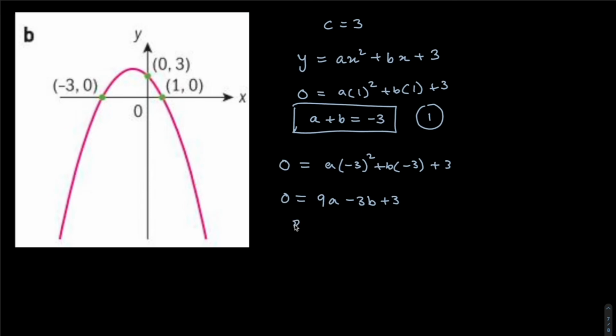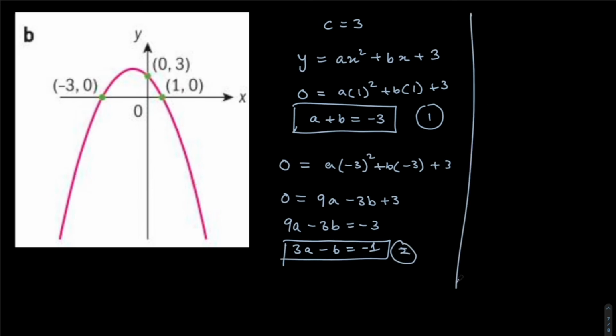That's going to give me 9a minus 3b is equal to minus 3. Simplify this a bit more. I'm going to get 3a minus b is equal to minus 1, right? That's my second equation.